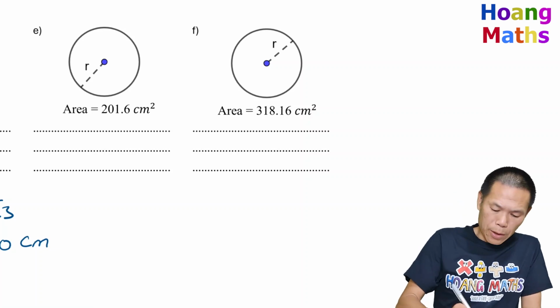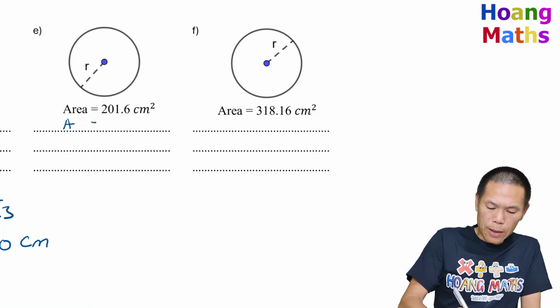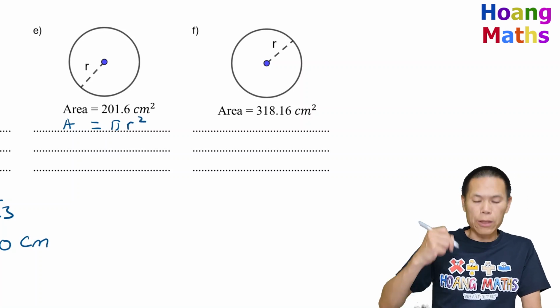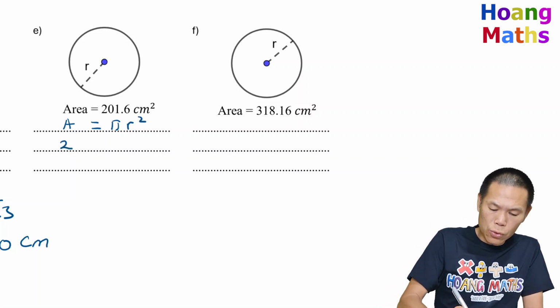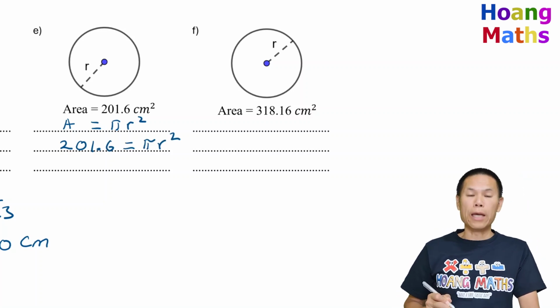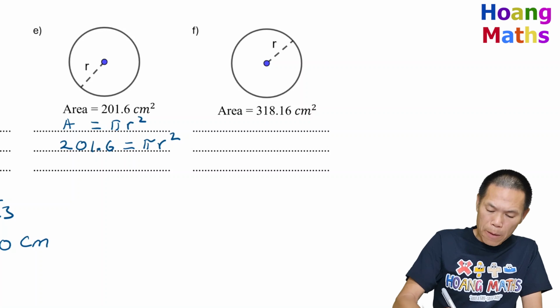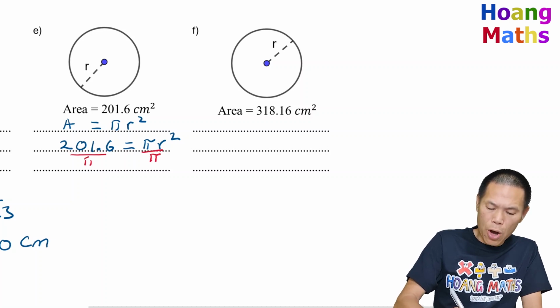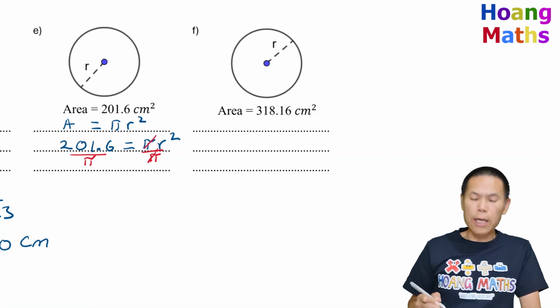Part E. A is pi r squared and the radius is what we need to find. 201.6 equals pi times the radius squared. And I just divide by pi on both sides, of course, to get rid of this. There you go.